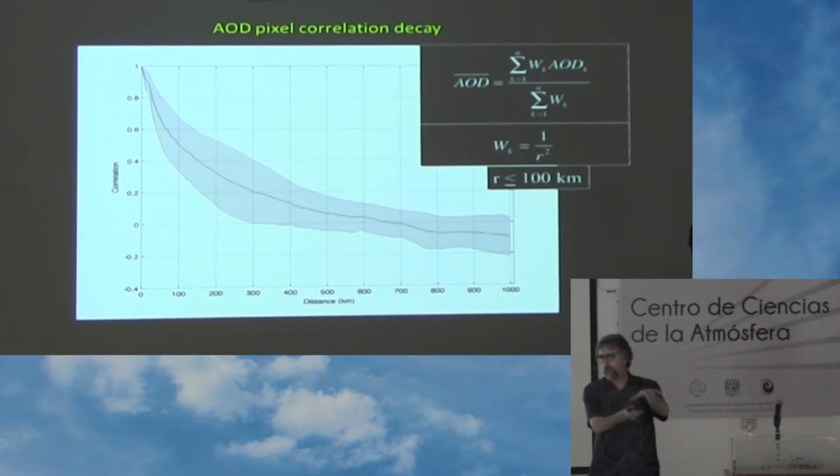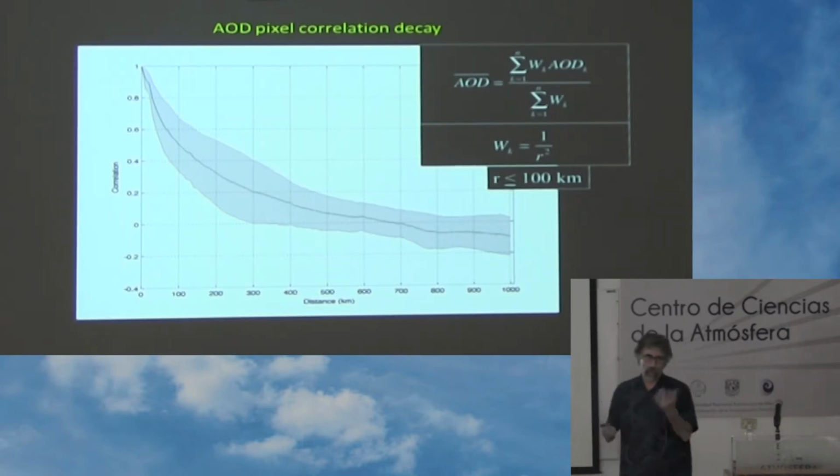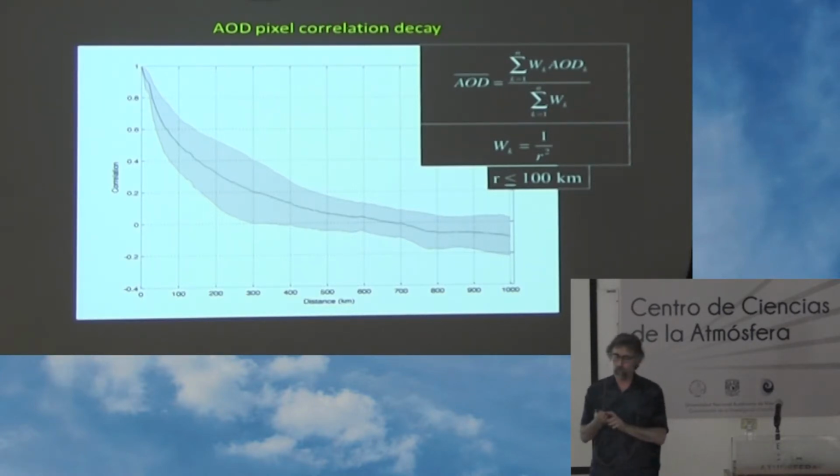In other words, in areas where there are clouds, how can we estimate what the aerosol optical depth would be if there were no clouds? So we did this analysis where we took pairs of locations and we sorted the pairs of locations by distance, and we determined how well the aerosol optical depth here was correlated with the aerosol optical depth here as a function of the separation of the 2 points.